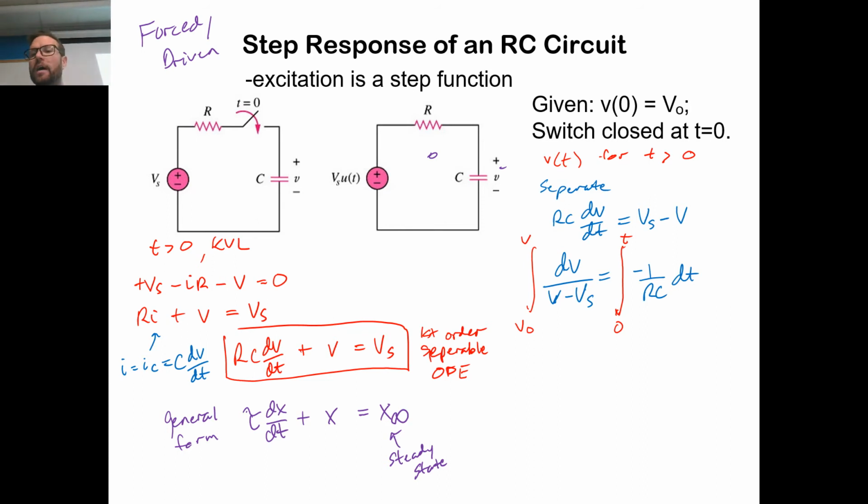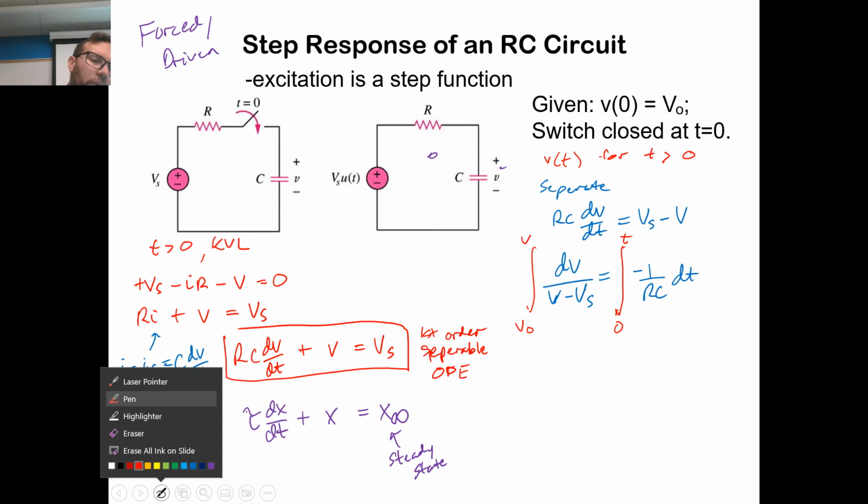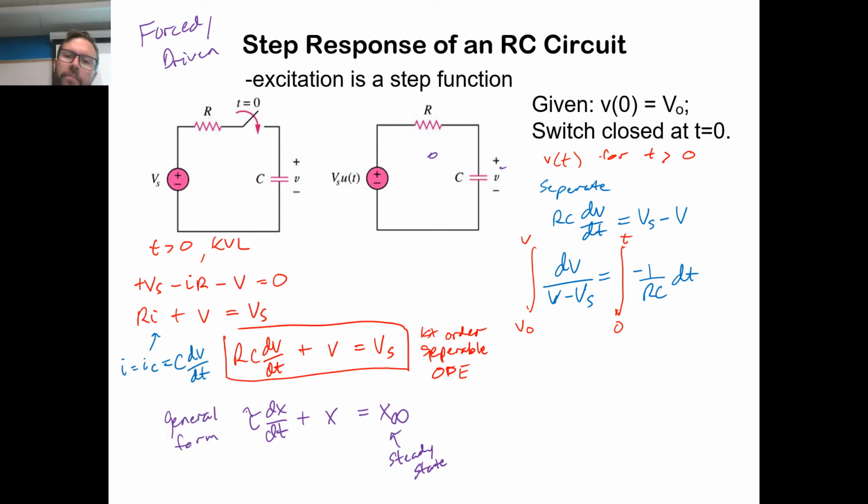So we're integrating dt from 0 up. When we perform the integration, there's a 1 over x thing happening here, right?